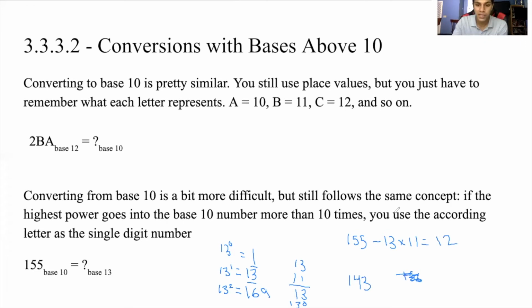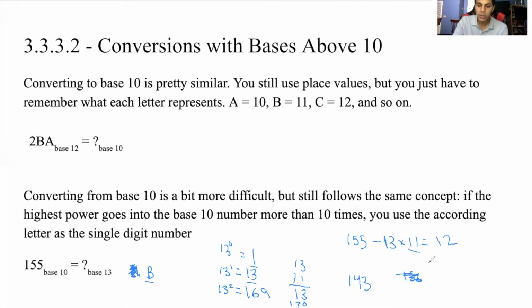But we're converting to base 13, and 13, which is 13 to the power of 1, went into 155 11 times. So that means that when we're writing our first digit in the 13s place of our number in base 13, instead of writing the number 11, because that number can be represented by a single digit in base 13, we write the letter B, because B represents the value of 11 as a single digit. So now we have B in the 13s place.